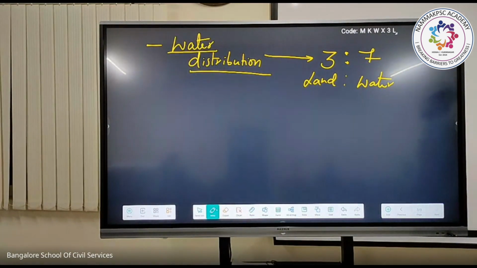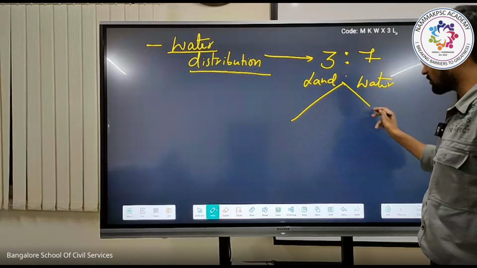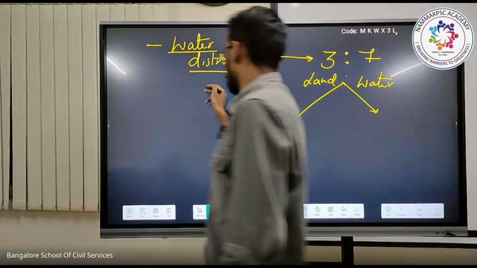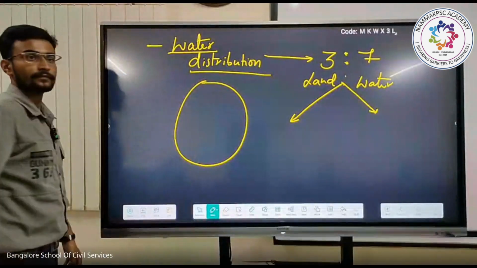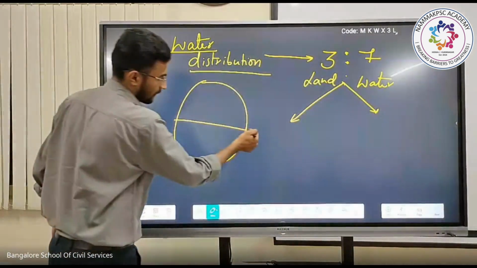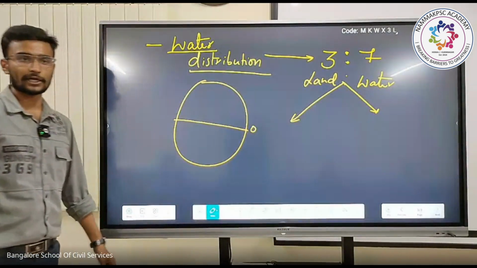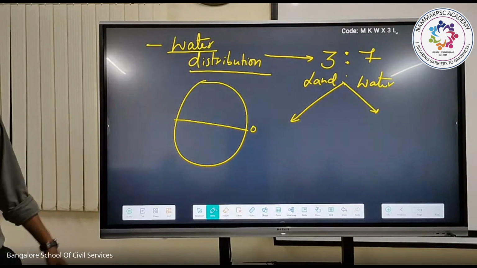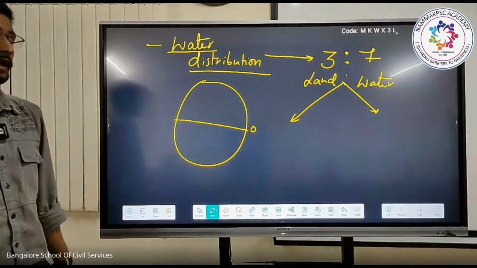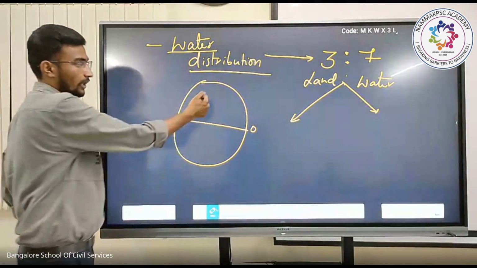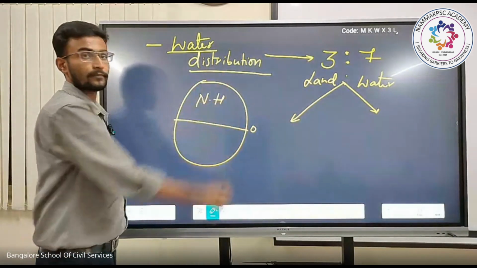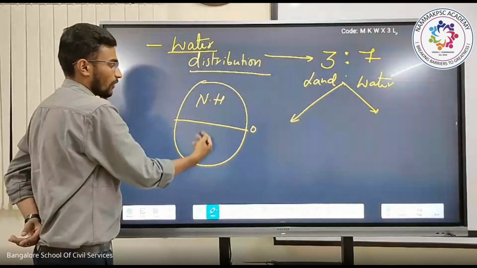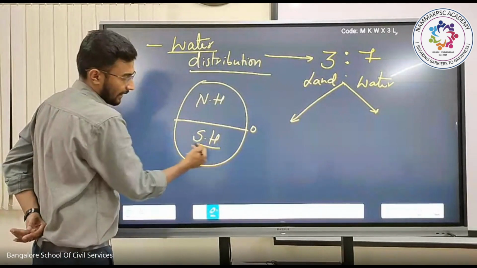But the question they ask is with respect to the northern hemisphere. Now look, if you take this as our earth, this is our 0 degree latitude. It's also called the equatorial region, the equator. Above this we call it the northern hemisphere. Below 0 degrees we call it the southern hemisphere.